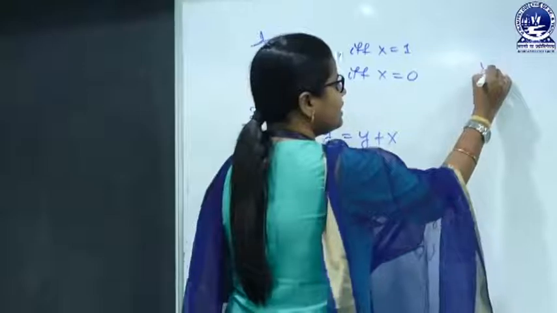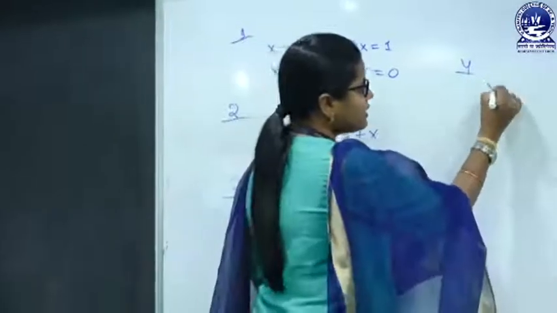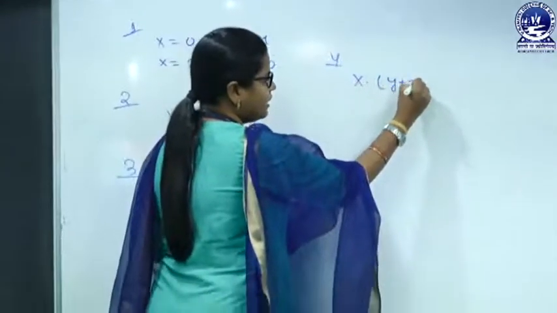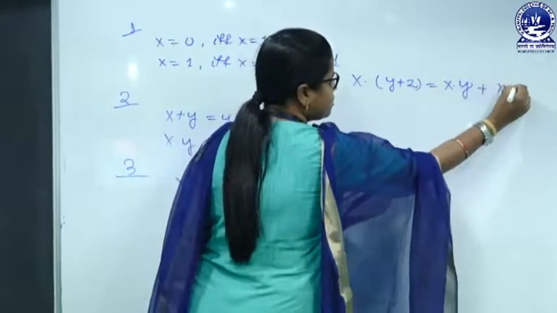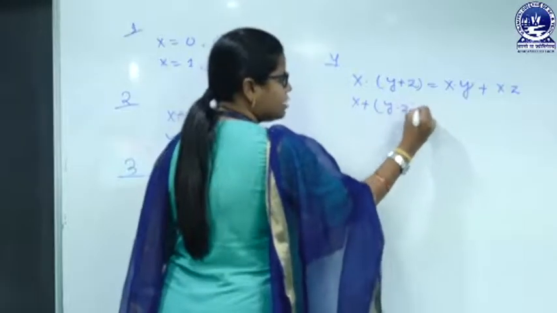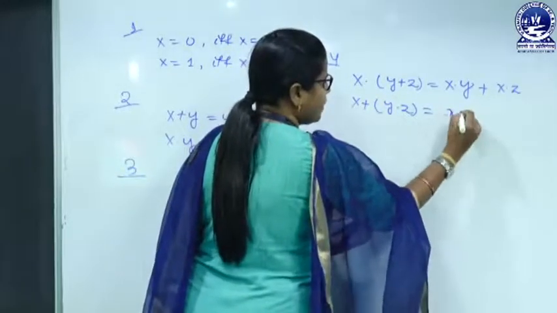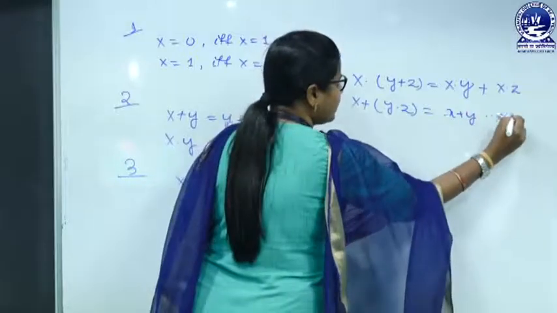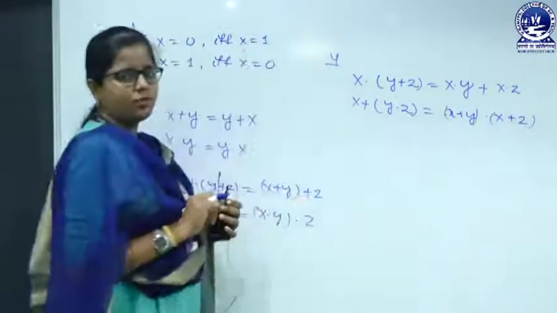And the fourth one is our distributive law. So distributive law says x dot (y plus z) equals x dot y plus x dot z, and x plus (y into z) equals (x plus y) into (x plus z). So this is the distributive law.